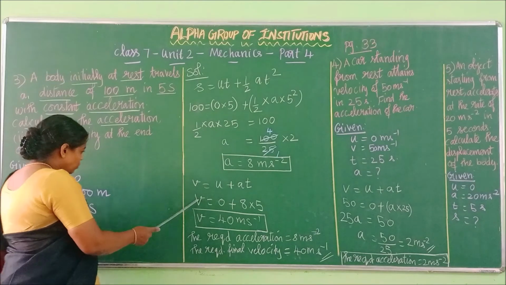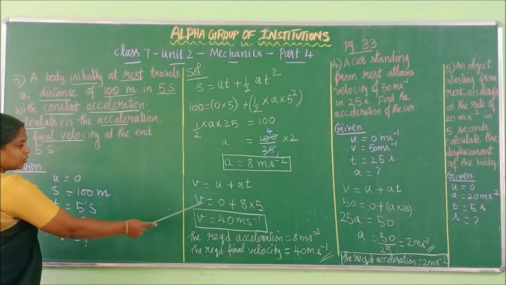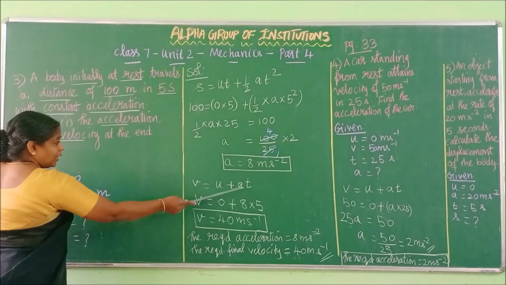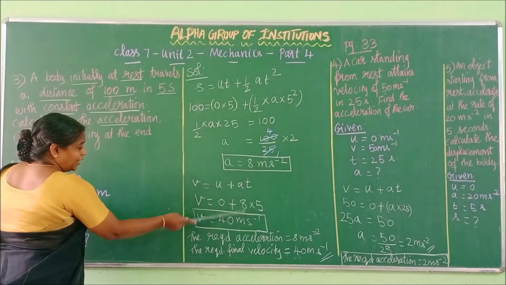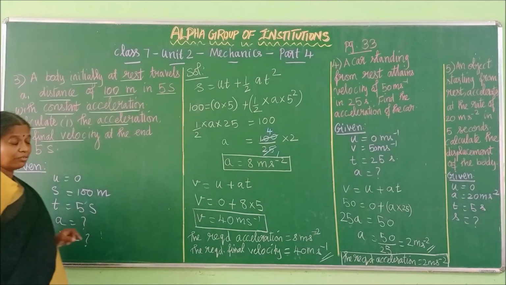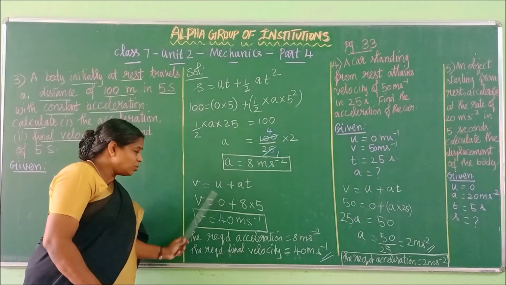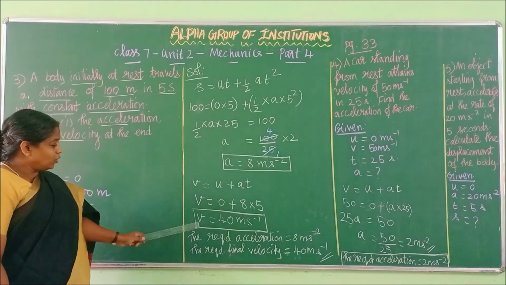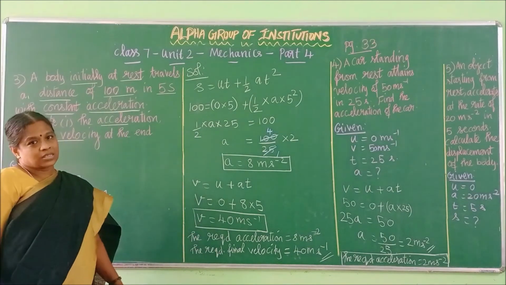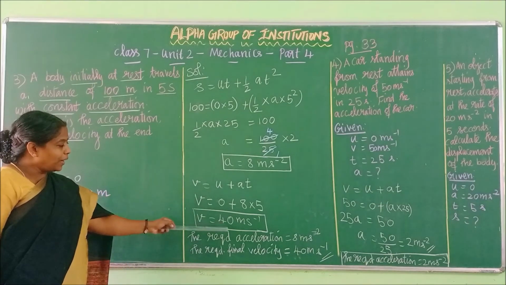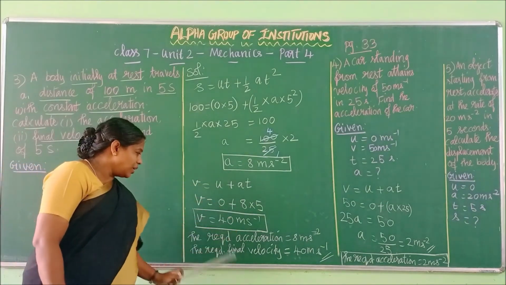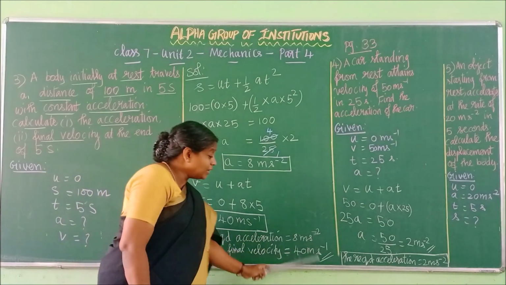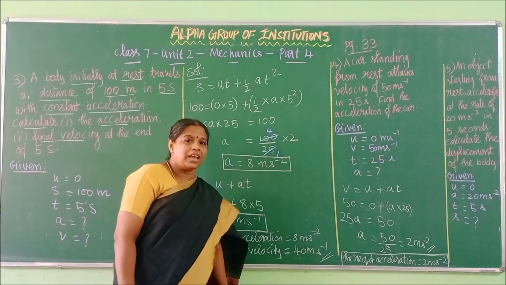U value is 0, A value we just found is 8, and T is already given, 5 seconds. 8 5s are 40. What is the unit for velocity? Meter per second. So the required acceleration is 8 meter per second square and the final velocity is 40 meter per second. When you are writing the units, be very careful and highlight the answers.